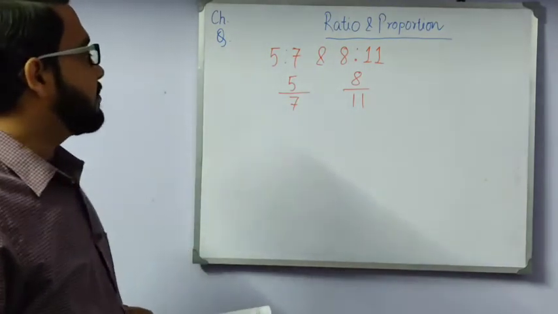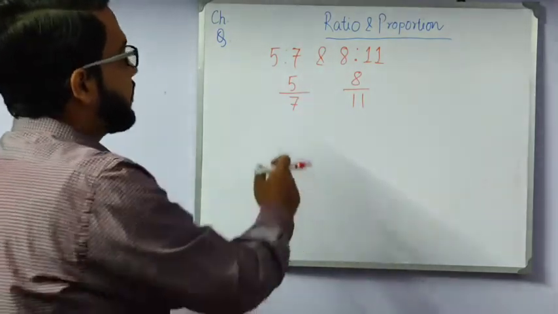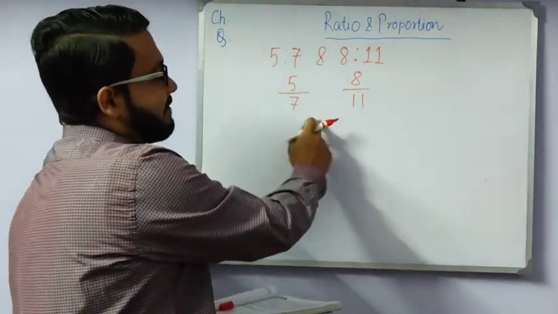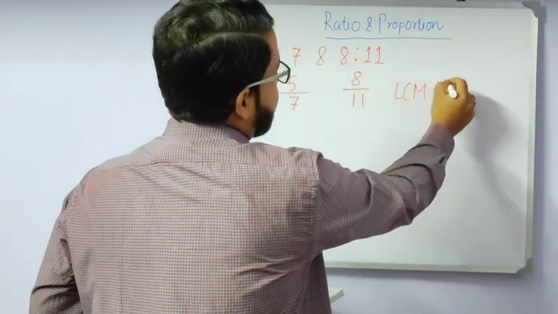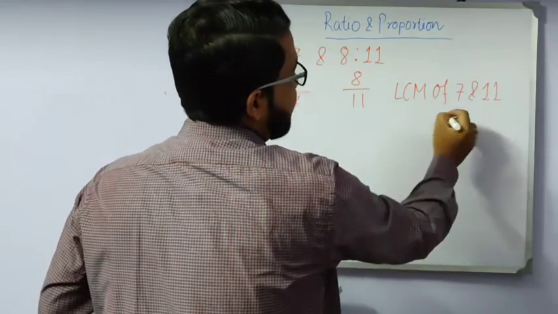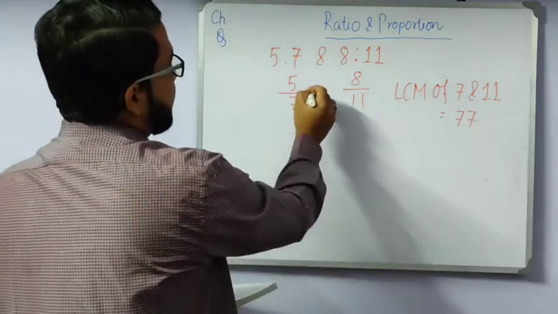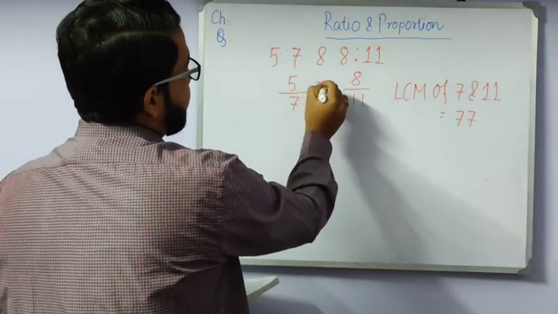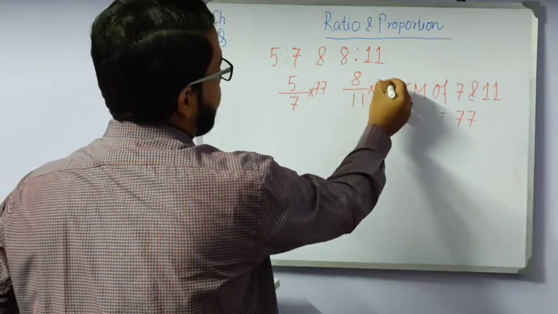We can equalize them by making their denominators equal. Taking the LCM of 7 and 11, that is 77. So multiply this 77 with these two ratios.